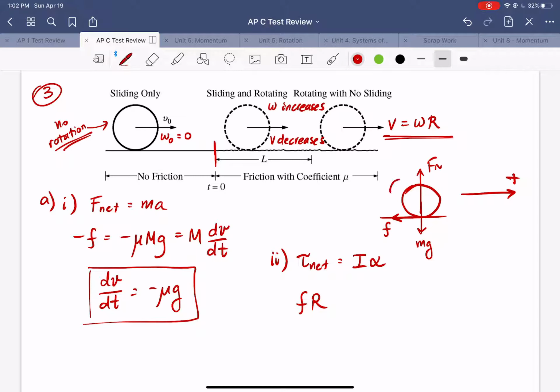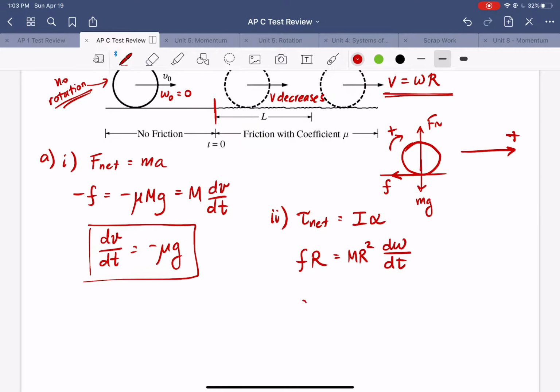For rotation, I'm actually going to make clockwise my positive direction to make that consistent with the positive direction of forward motion. So my torque is Fr, the moment of inertia is given, that is mr squared, and then alpha, that's the angular acceleration, which is the derivative of the angular velocity.